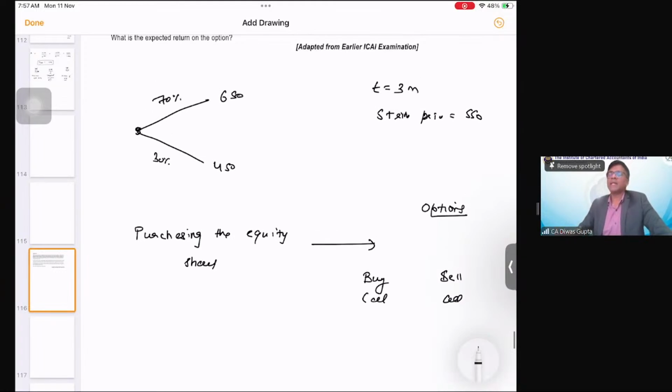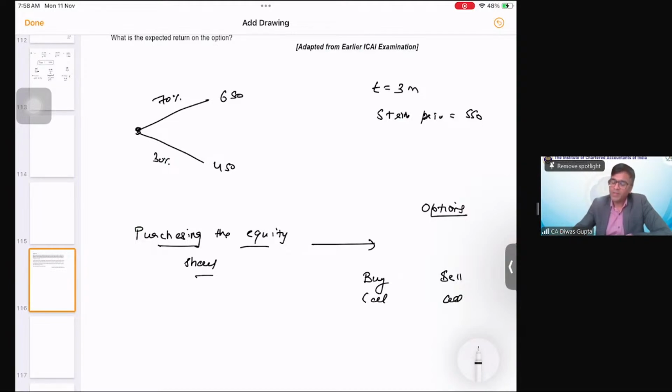Okay. Any other views? I'm not saying that the investor has already purchased. I'm saying that the investor is interested in purchasing the shares. Then it will be buy call.